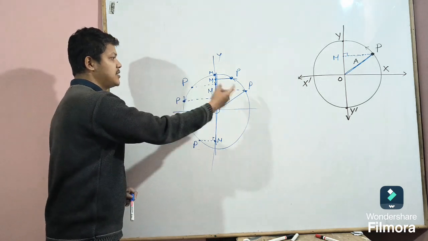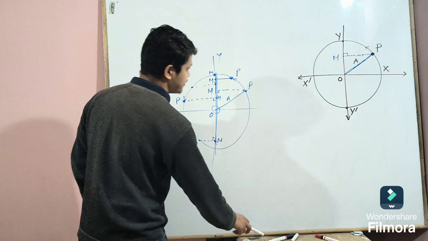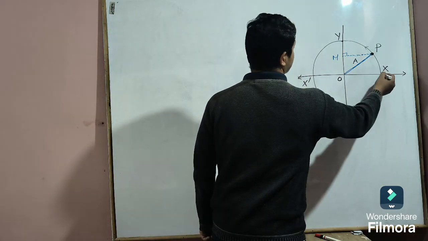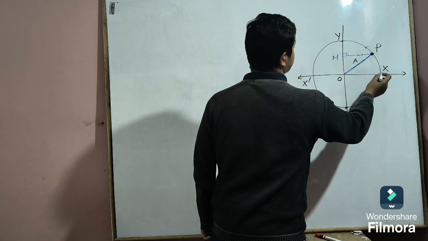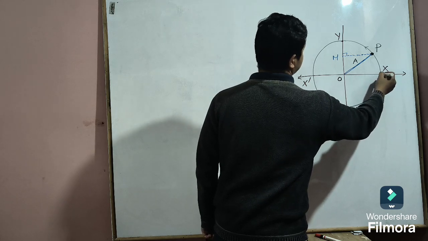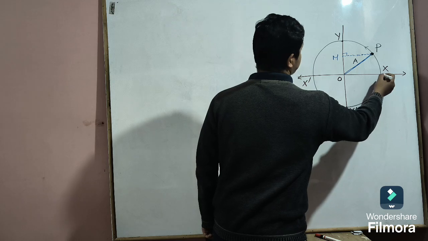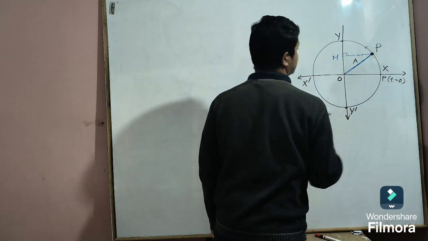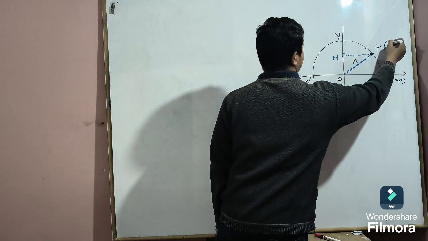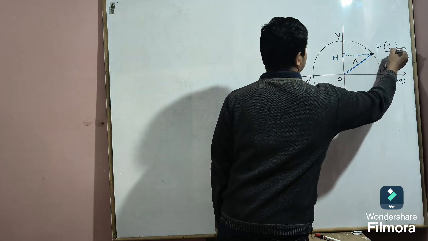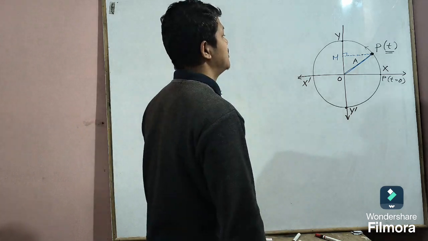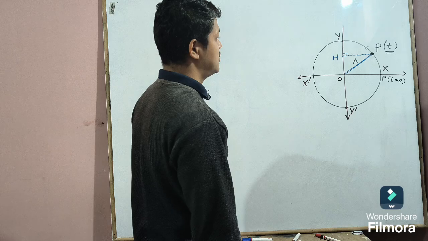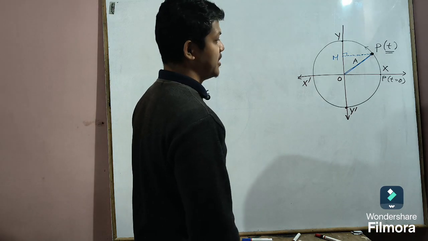Now let me clean this part, and now let me explain this motion. Let me assume that this point P was at this position X when t is equal to 0. When t is equal to 0, the position of P is this. At time t, this is the position of P, of the particle.